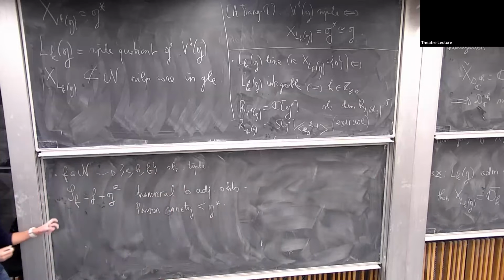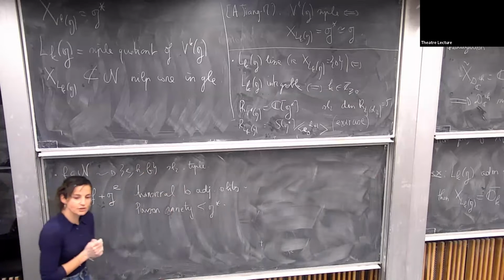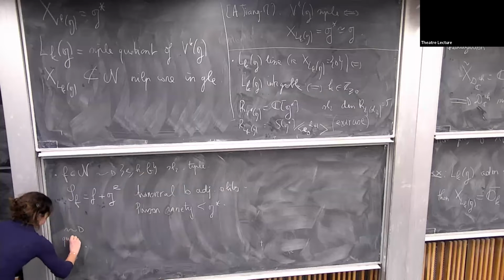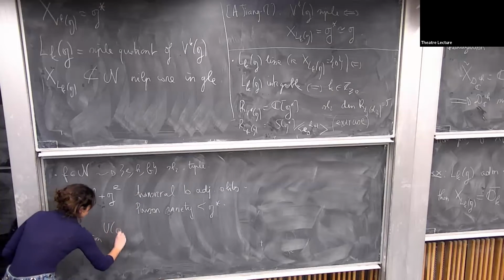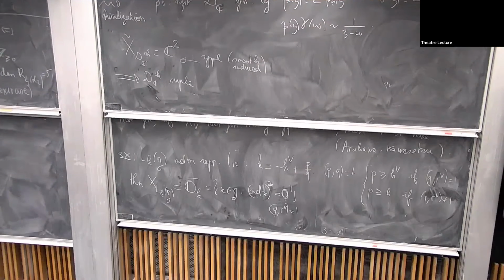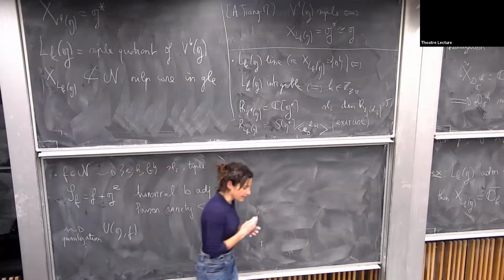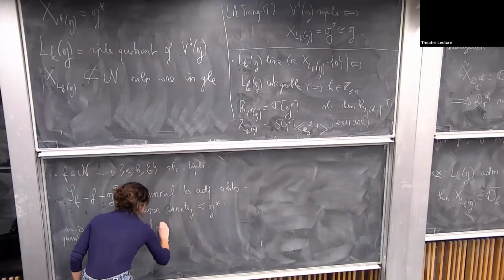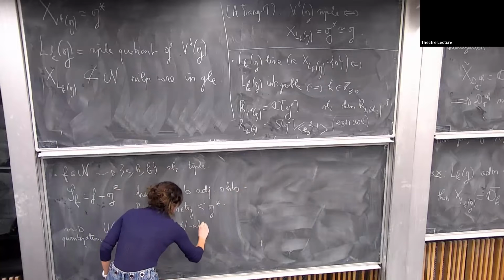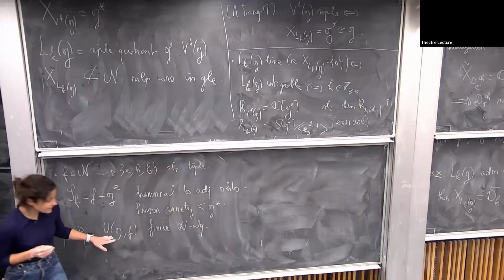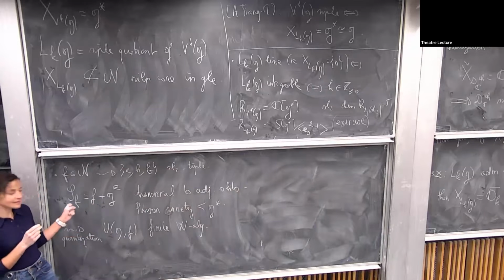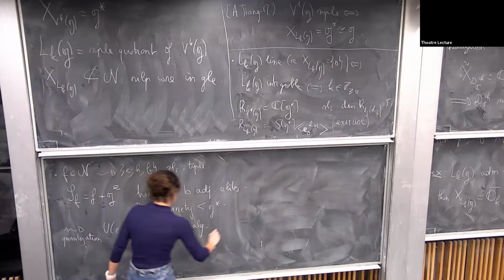So this variety admits also a natural quantization, which is the finite W-algebras, that were studied by Premet, Losev, and other people. It is a quantization in the sense that the associated graded algebra is just the coordinate ring of that one.